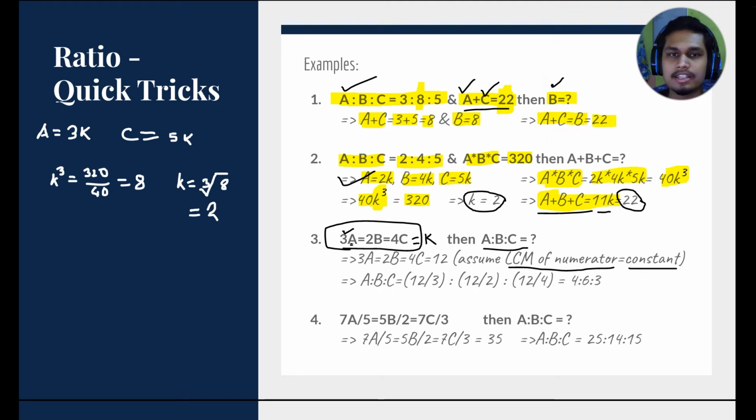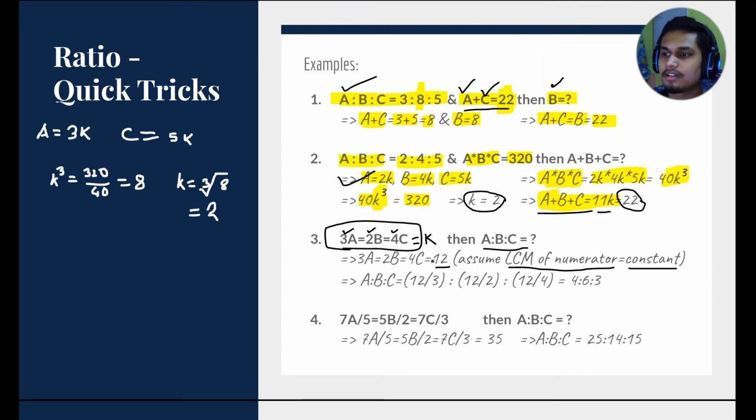Here we have 2 as a coefficient and 4 as a coefficient. So we will just find out the LCM of these 3 coefficients, and we will get the LCM of 3, 2, 4 as 12.